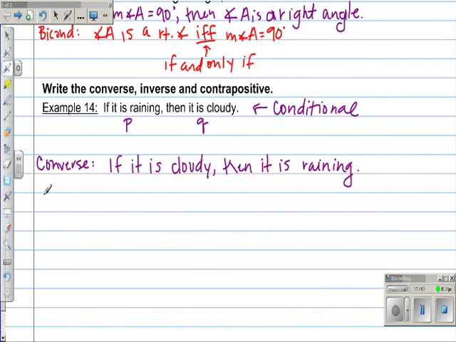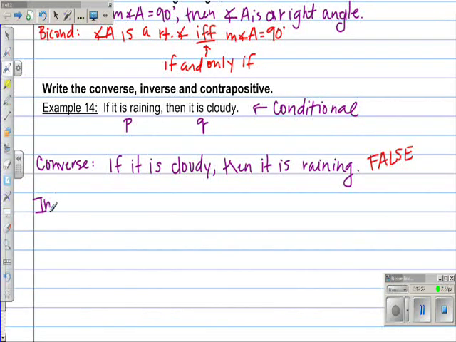Now, is this a true statement? No, because if it's cloudy, it could just be overcast. So that one's false. Since this is false, there is no biconditional because the biconditional would be false. The biconditional can only work if the converse and conditional are true.